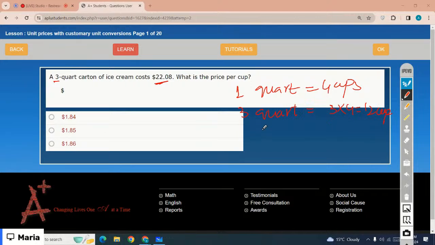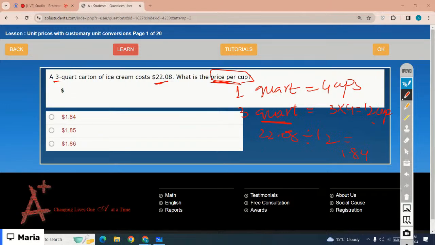So you have to divide 22.08 by 12, which equals $1.84 per cup. That is the price per cup, because here we have converted from quarts to cups first.